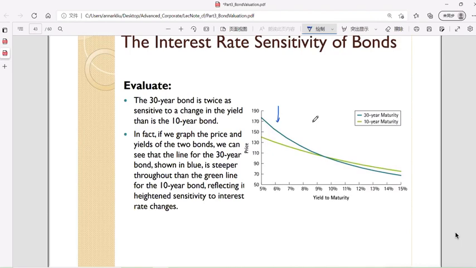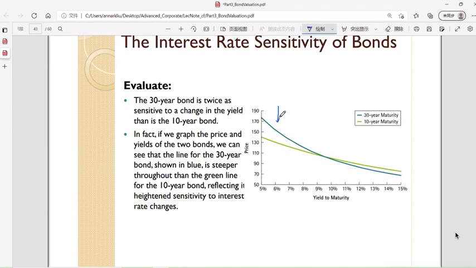Which one is steeper? The blue one, the 30-year bond, is steeper.